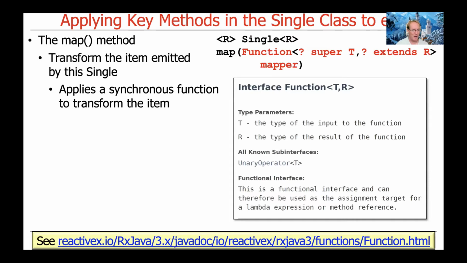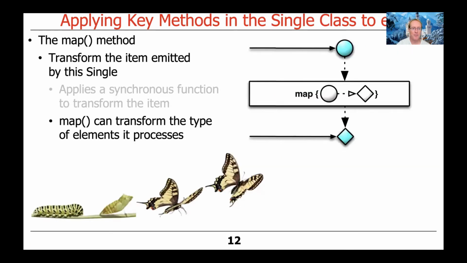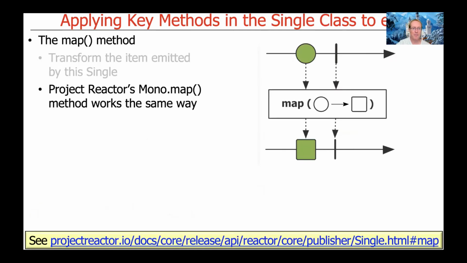Where the caller thread comes from is something we'll talk about later when we cover asynchronous processing using the subscribeOn or observeOn methods. Basically, this is a mapper. It takes something as input and returns a result as the output, which could transform it, could even change its type. So map can transform the type of elements just like Java Streams map. It's very similar, at least at a high level.